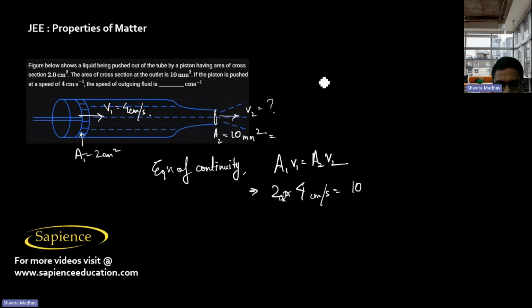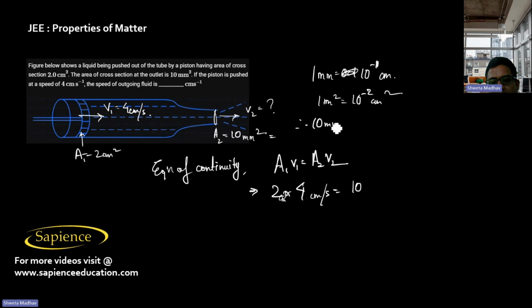So 1 millimeter is 0.1 centimeter, means 10 power minus 1 centimeter. It means that 1 millimeter square will be equal to 10 power minus 2 centimeter square. So now 10 millimeter square is equal to 10 into 10 power minus 2, that is 0.1 centimeter square.